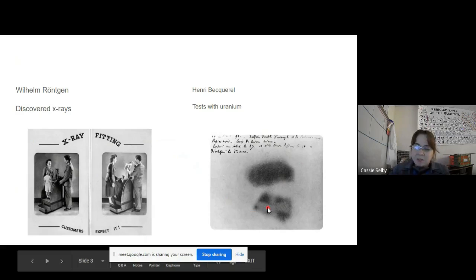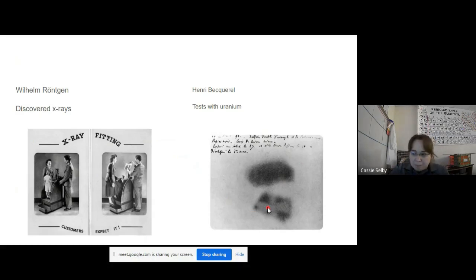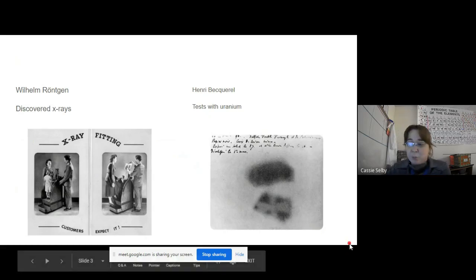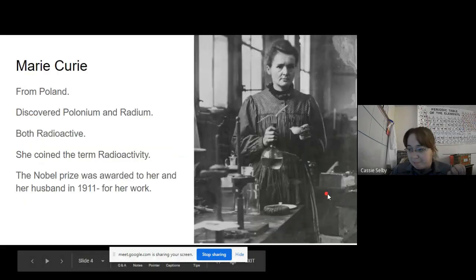So he noticed that this photosensitive paper was turning colors in the presence of the uranium. He noted it as a property of uranium. He didn't realize that this was a property of many elements, and that many elements were radioactive. They didn't even know what radioactivity was yet, and radioactivity was not even a term they used at this point. So they had no real clue what was going on at this time.